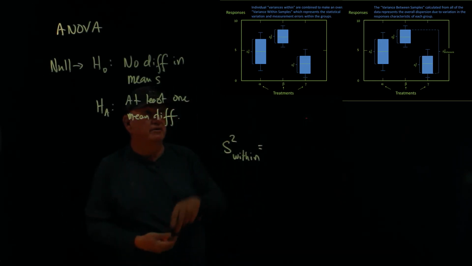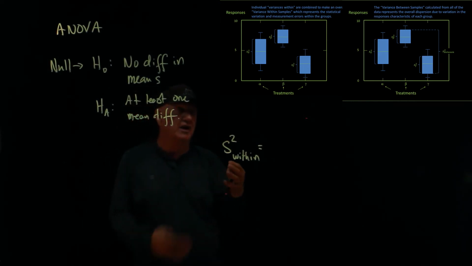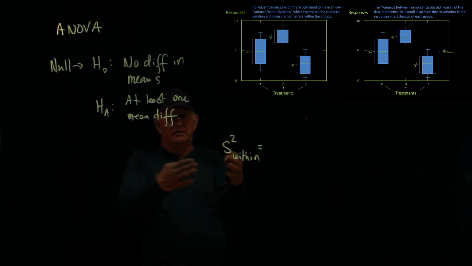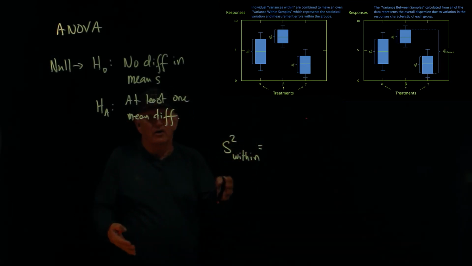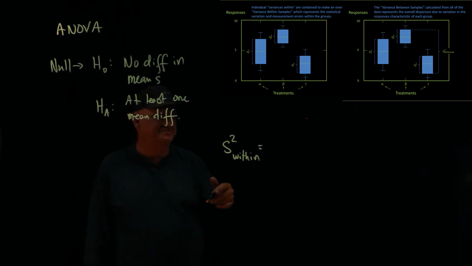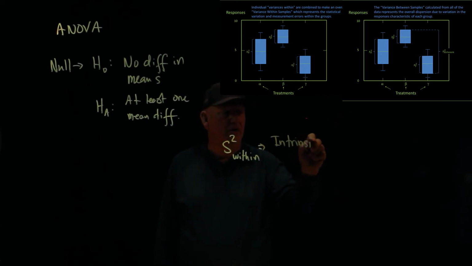So there's the measurement of it in the box plot, but you could actually calculate a variance for each one of those groups with your calculator. So this is what I'm going to call the intrinsic statistical fluctuations.